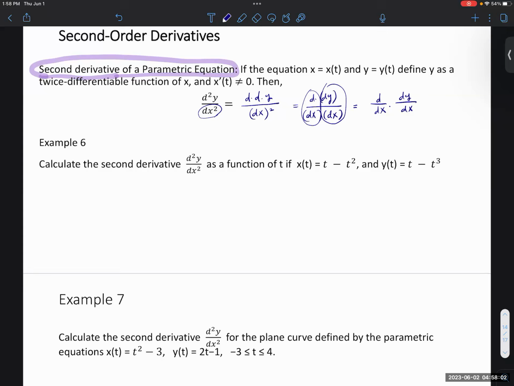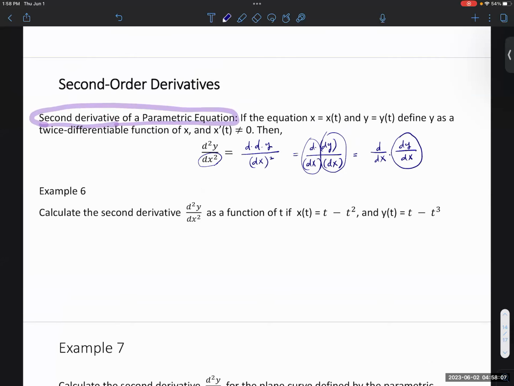And then here, what we're going to do, dy over dx is the same as dy over dt over dx over dt. So I'm going to substitute it. So d over dx times dy over dt over dx over dt.